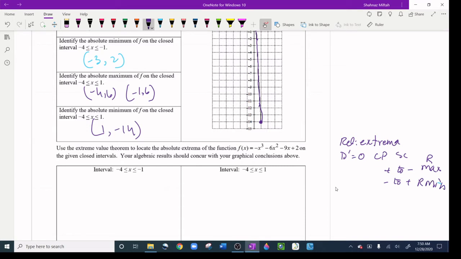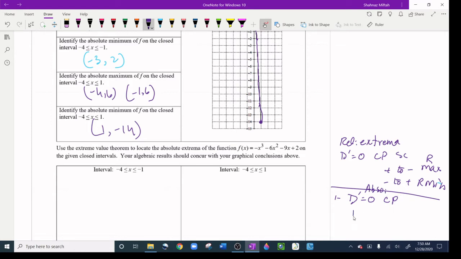Now for the absolute, I also have steps. The first step is you take a derivative, make it equal 0, and get critical points. You're not making a sign chart for absolute extrema. You don't do that.